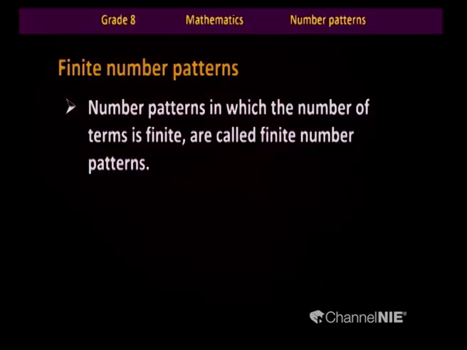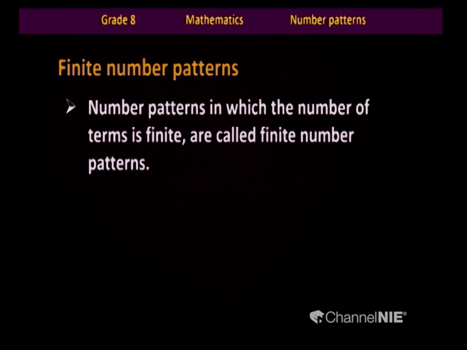The first one is the finite number patterns. Finite number patterns, in the sense that if we exactly know the number of terms in that number pattern, or else we can say if the number of terms in the number pattern is finite, we can name it a finite number pattern. So, we will go through the definition of finite number patterns.